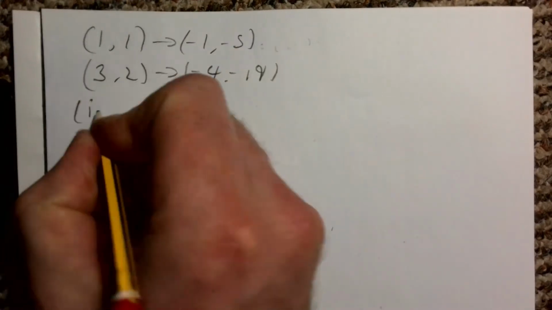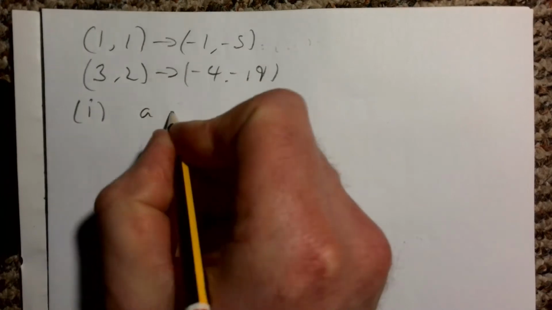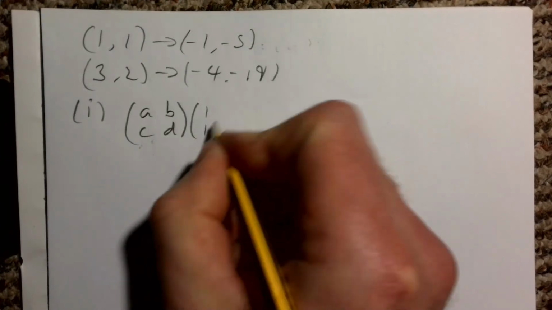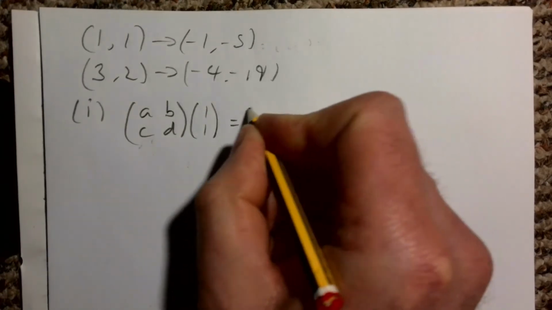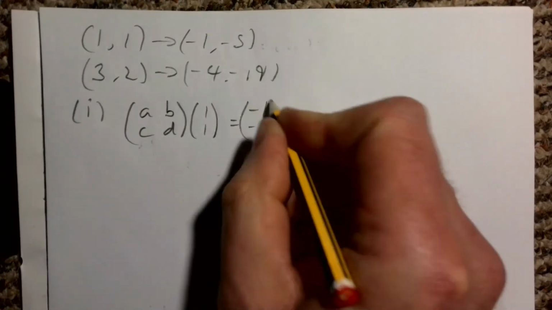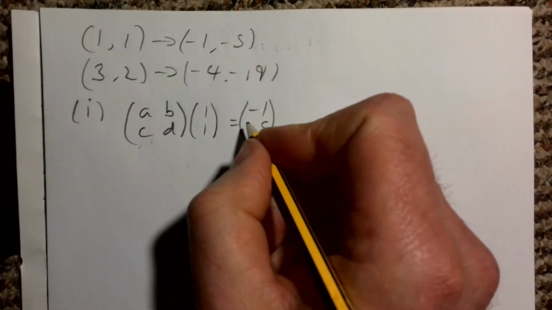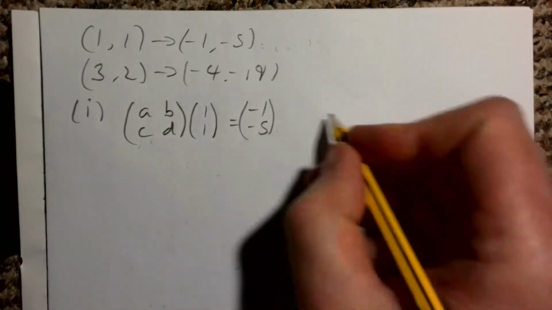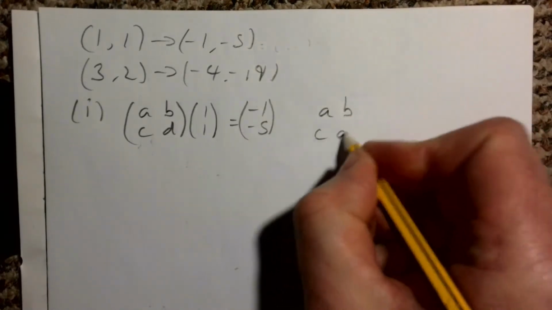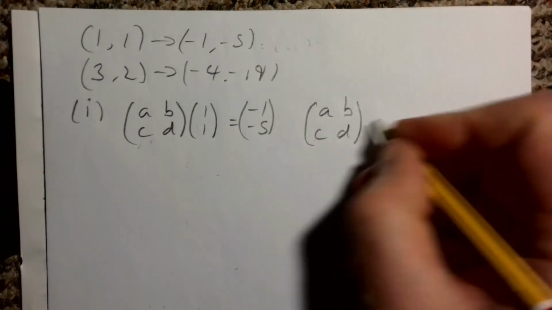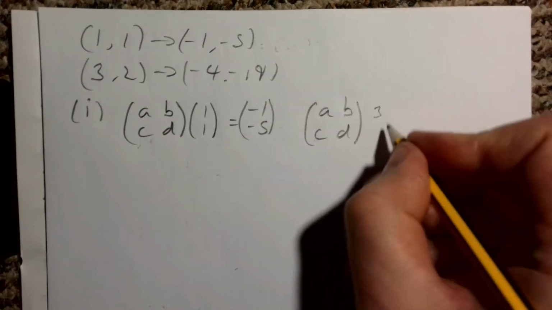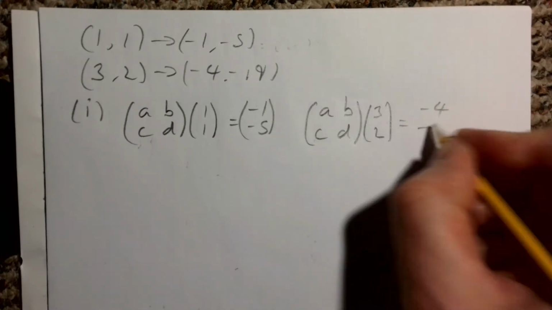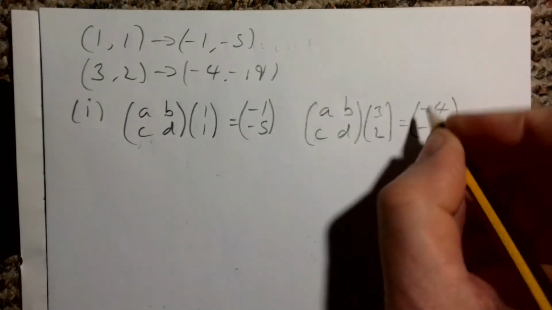So that's part 1. Some matrix, we're calling it A, B, C, D. If you multiply it by the point (1, 1), it gives you (-1, -5). And if you multiply A, B, C, D by the point (3, 2), it gives you the point (-4, -19).